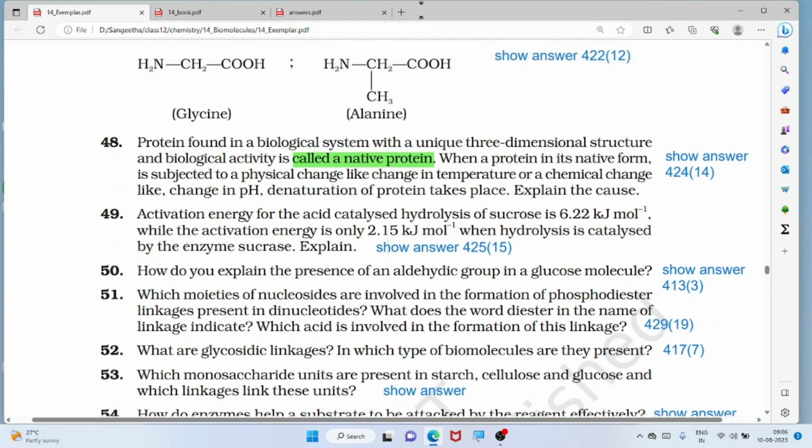Proteins found in the biological system with a unique three-dimensional structure and biological activity are called native proteins. When a protein in its native form is subjected to physical changes like temperature or chemical changes like pH, denaturation of the protein takes place. Explain the cause.